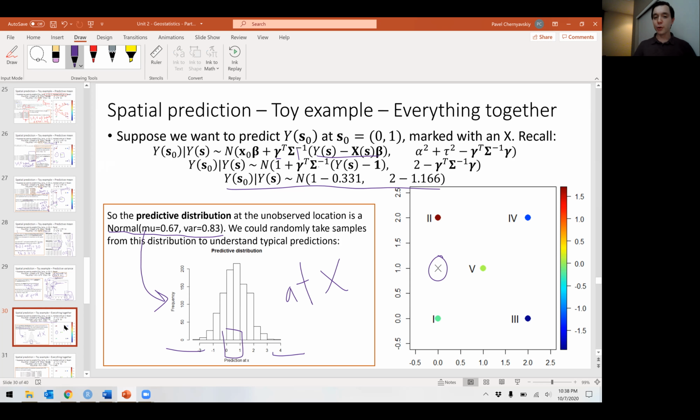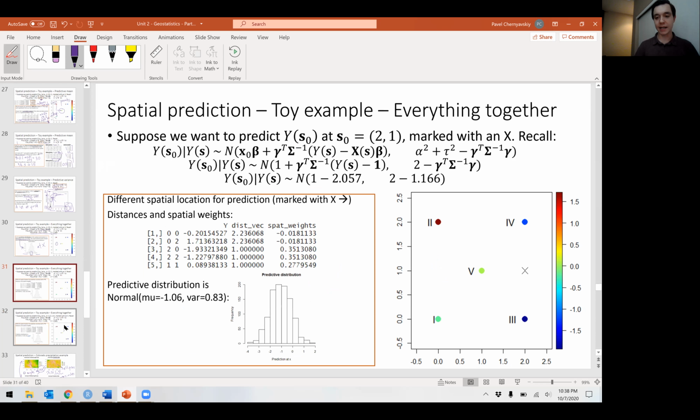What happens if we move our new location? All right, I just moved my unobserved location right over here. Notice that I now get the same case. I have 3 equidistant points, one of which will matter less.